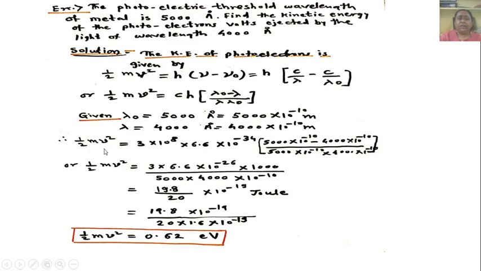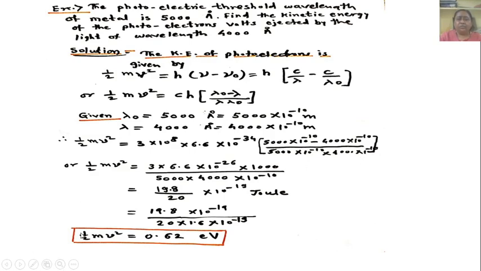Therefore 1 by 2 m v square equal to 3 into 10 raised to 8 into 6.6 into 10 raised to minus 34 into 5000 into 10 raised to minus 10 minus 4000 into 10 raised to minus 10, upon 5000 into 10 raised to minus 10 into 4000 into 10 raised to minus 10.